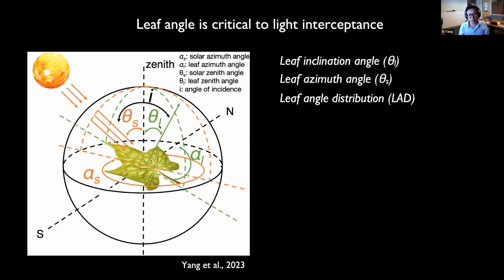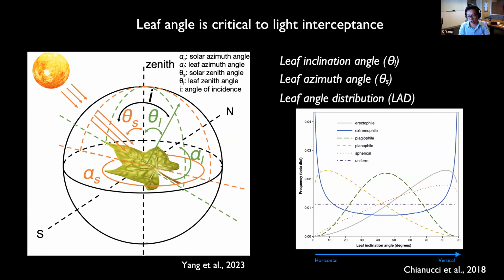Also, there's a leaf azimuth angle, theta S here. And if you take the statistical distribution of leaf inclination angle from a whole canopy together, it's a leaf angle distribution as shown in this figure. The x-axis is the leaf inclination angle. More vertical leaves are on the right-hand side of this figure, with larger values. Horizontal leaves are more on the left-hand side.